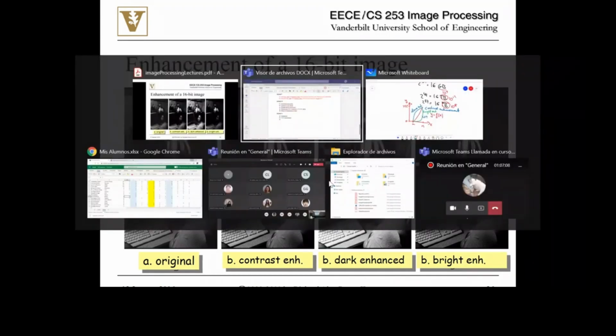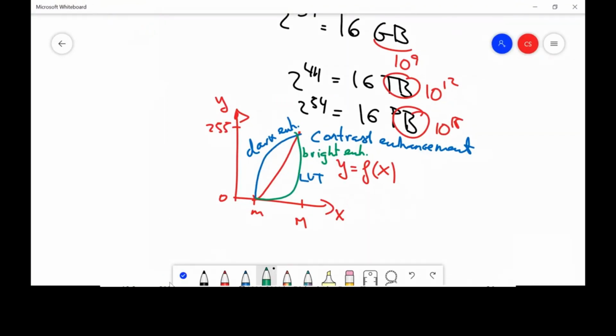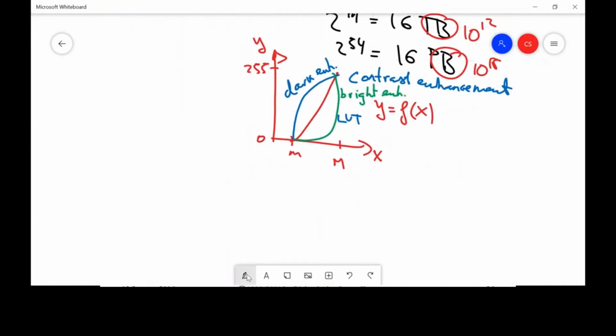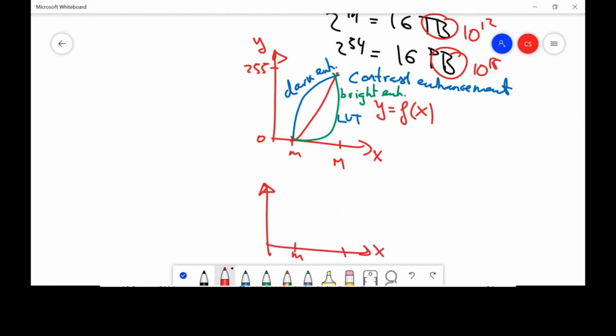So in 16 bits, we have similar plots, with minimum and maximum, but now it is between 0 and 2 to the 16 minus 1, instead of 255, which is actually 2 to the 8 minus 1. What is this number? You have to be familiar with it.